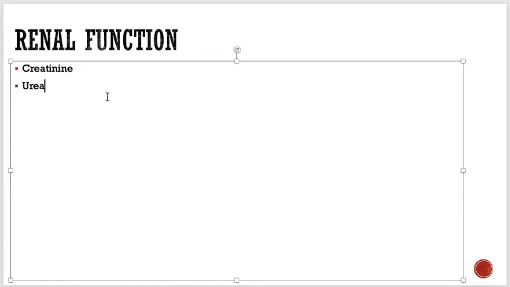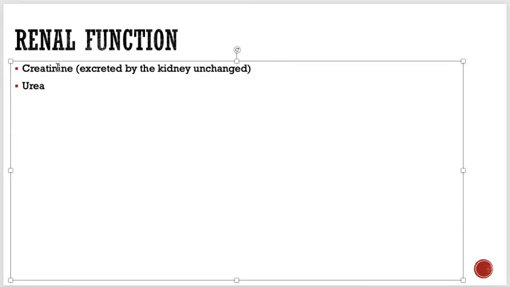Simply put, males produce more creatinine and females produce less. Because creatinine is produced as a byproduct of muscle metabolism and is excreted by the kidney unchanged, that makes it a good thing to measure to estimate the GFR.